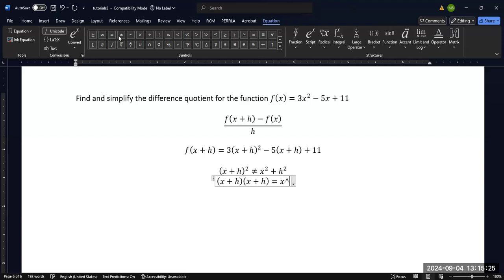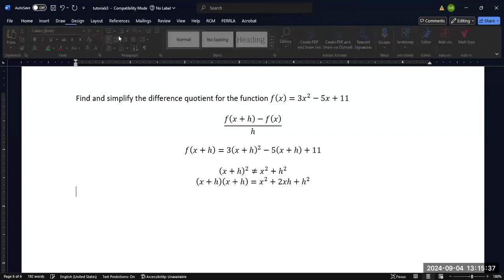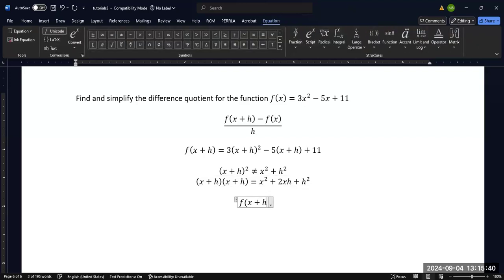And in this case, it's the first term squared, 2 times the 2 terms multiplied together, and then the last term squared. That's the formula. So our f of x plus h is going to become 3 times x squared plus 2xh plus h squared minus 5 times x plus h plus 11.